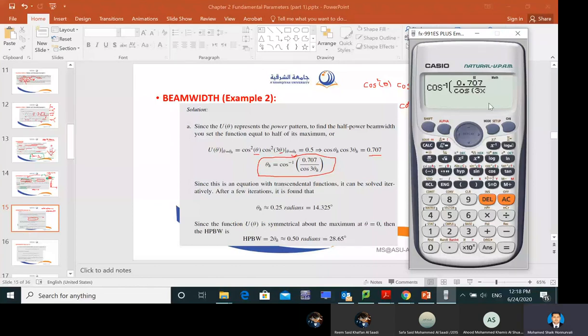Now try to maintain a table here. For example, if I give 10 degrees here, see what answer you get.